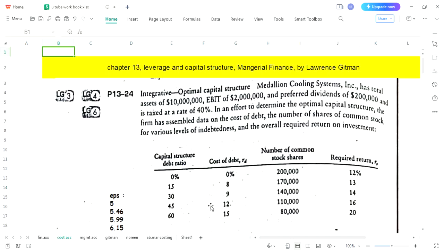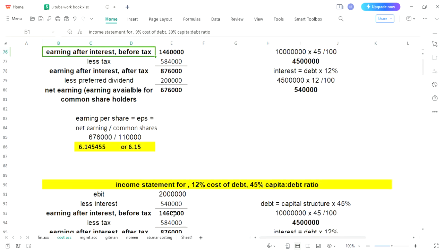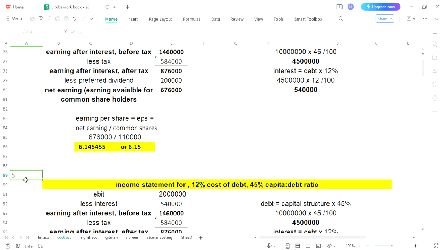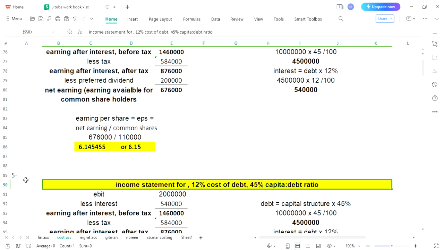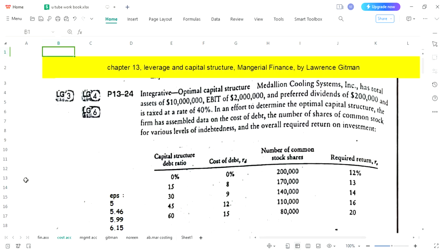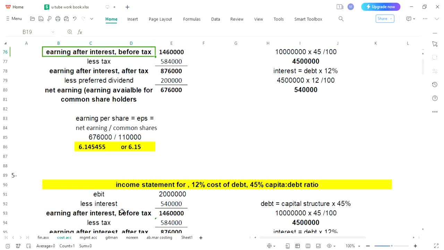So for fifth statement, we are going to see how much capital debt ratio, 60%. So here your fifth statement is going to be started, and I forgot how much rate was, 60%.